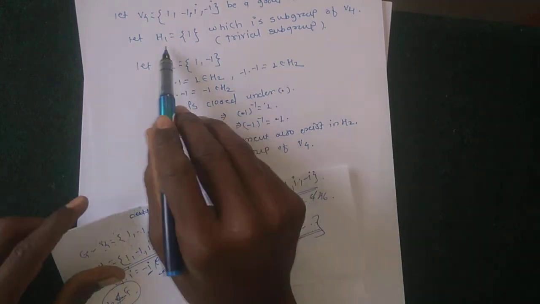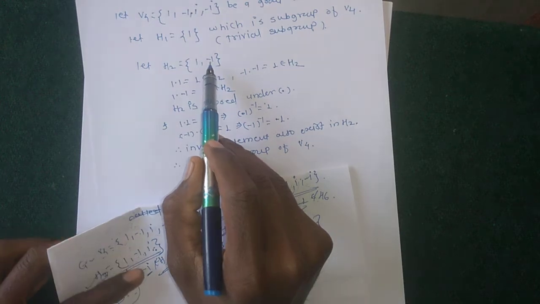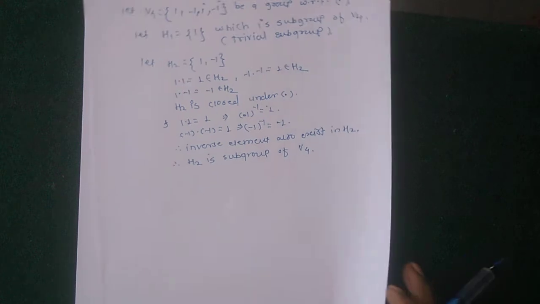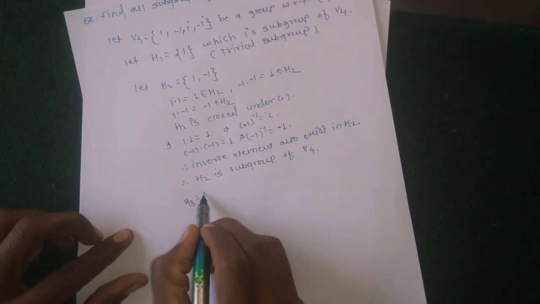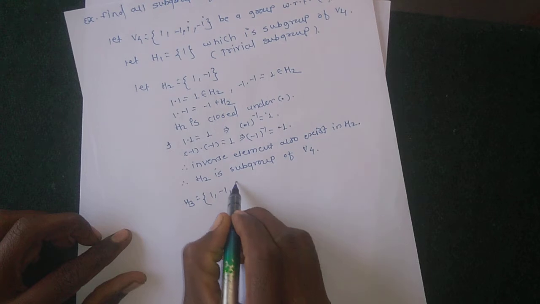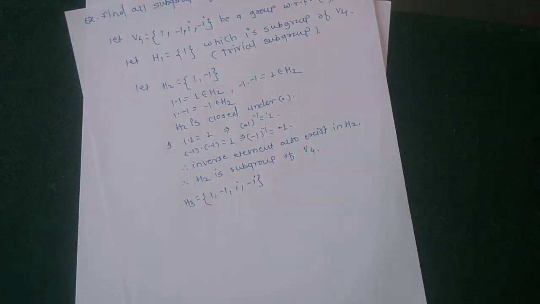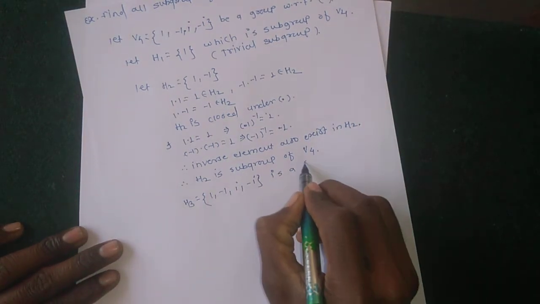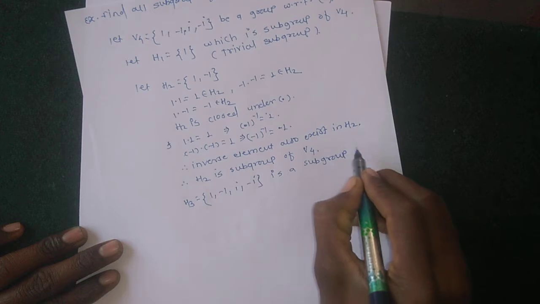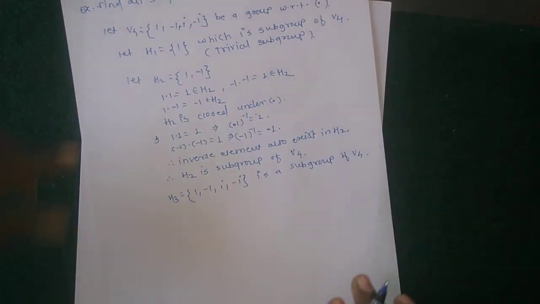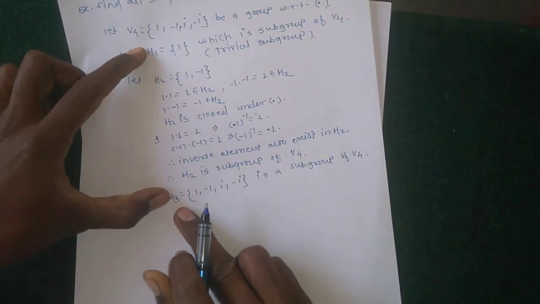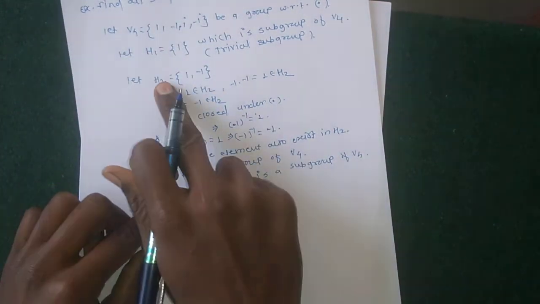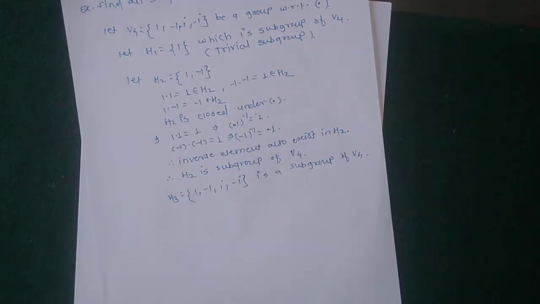Therefore only H1 is a subgroup, H2 is the other, second subgroup, and lastly H3 equal to 1, minus 1, I and minus I is a subgroup of V4 itself. H1 and H3 are the trivial or improper subgroups, but H2 is a proper subgroup of this set.